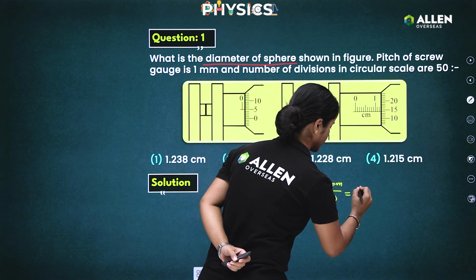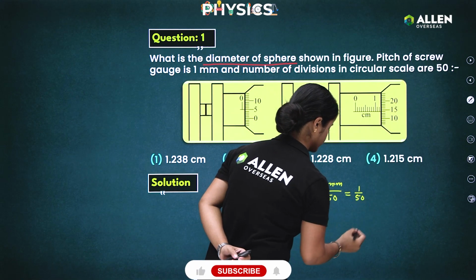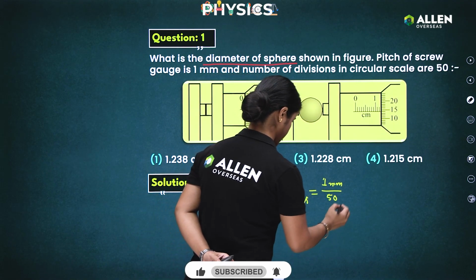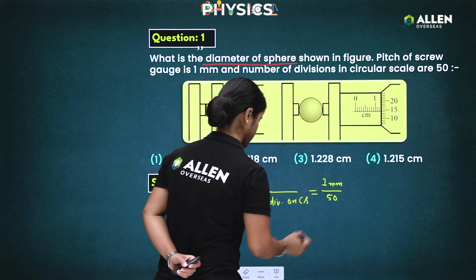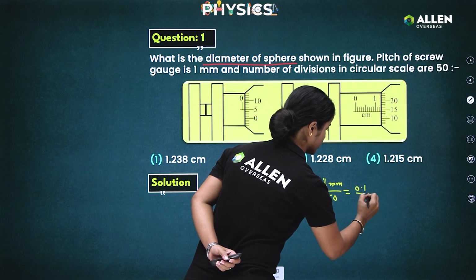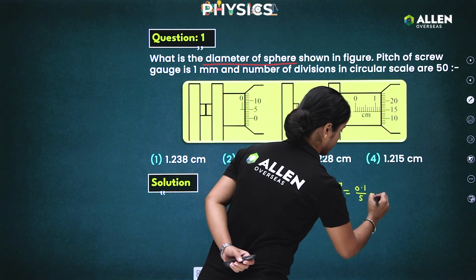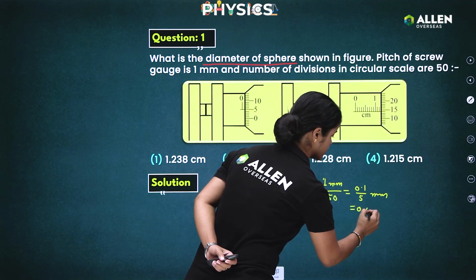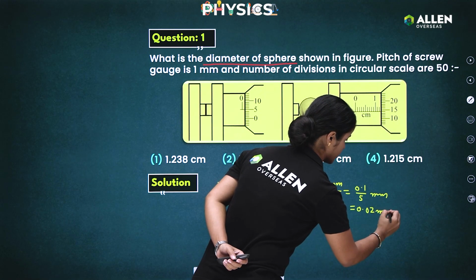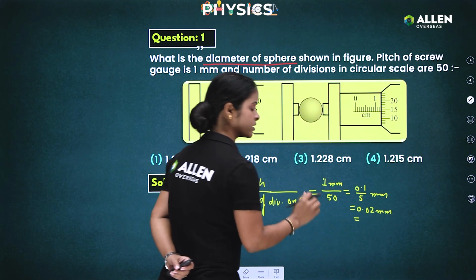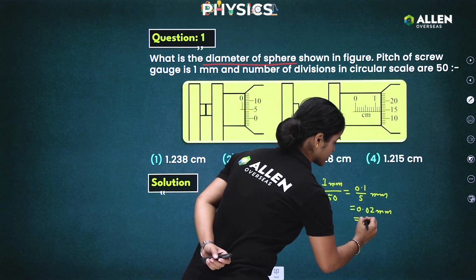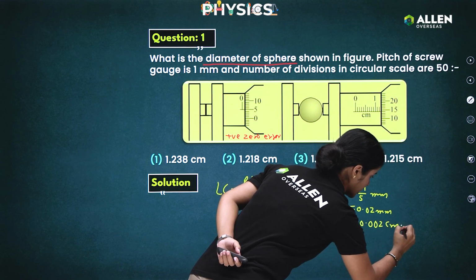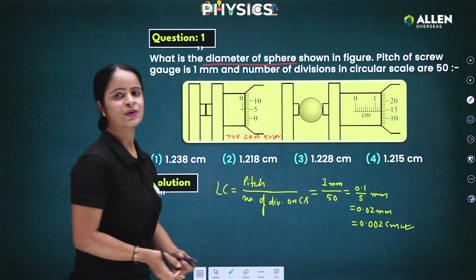I can easily write 1 upon 50, or it's better to write it as 0.1 upon 5 mm. After solving this part, you are going to find 0.02 mm. Now I am going to convert this to cm, that means centimeter. So I will write 0.002 cm, which will be the correct value for least count.